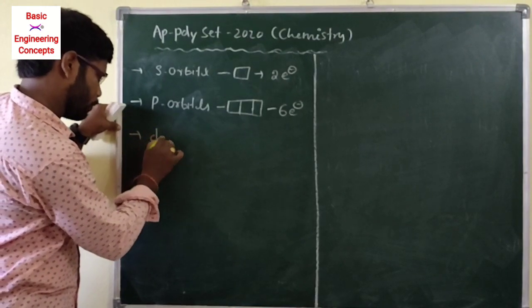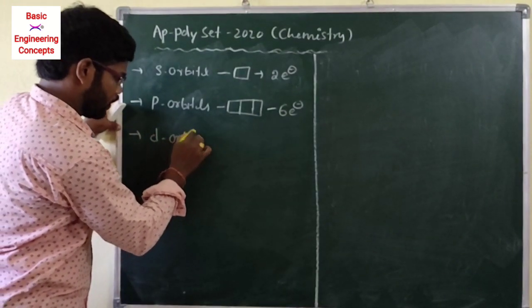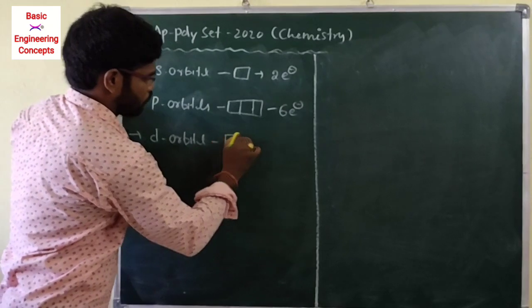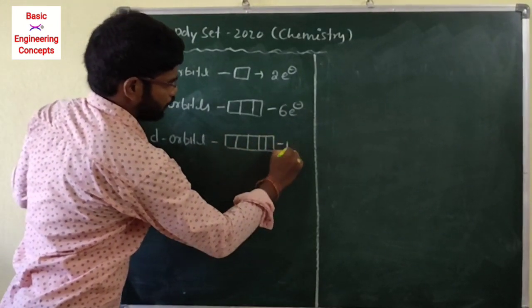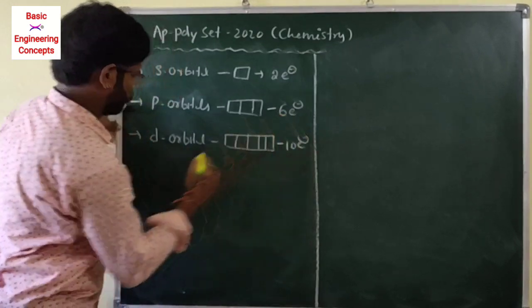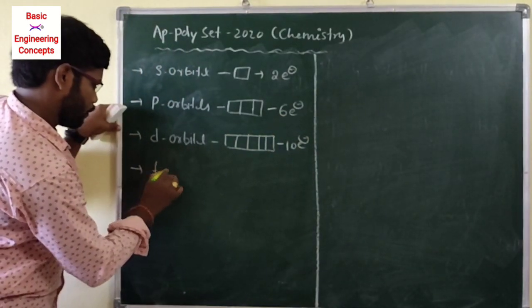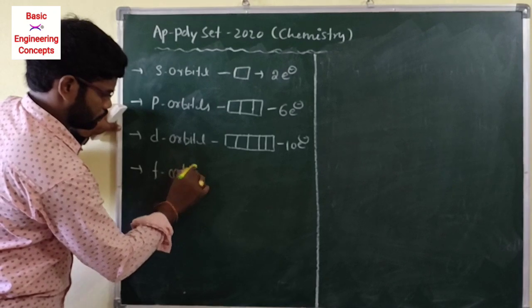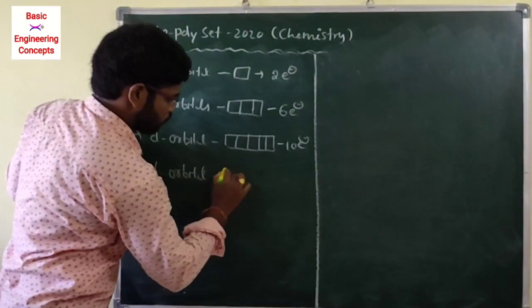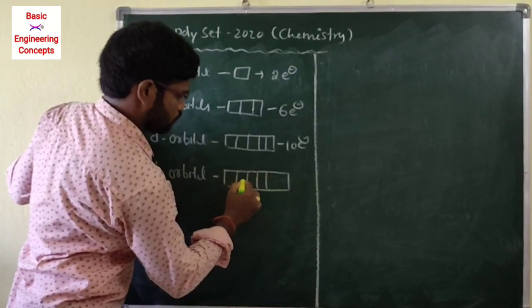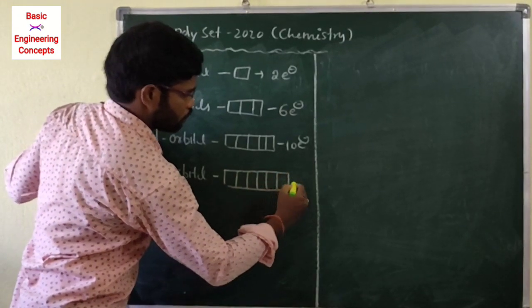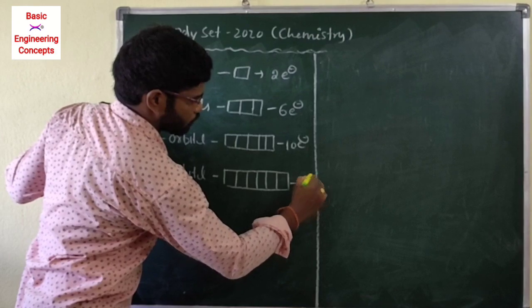Next, d orbitals: there are 5 orbitals, so totally 10 electrons. F orbitals: totally 7 orbitals, so 14 electrons.